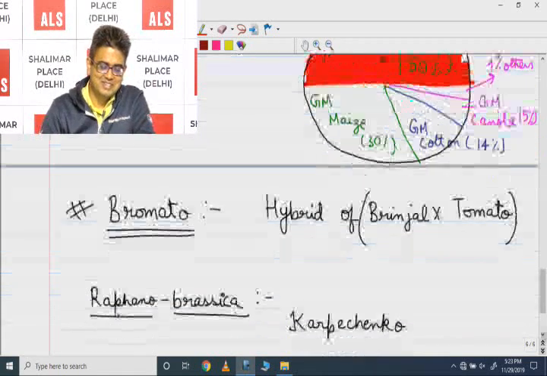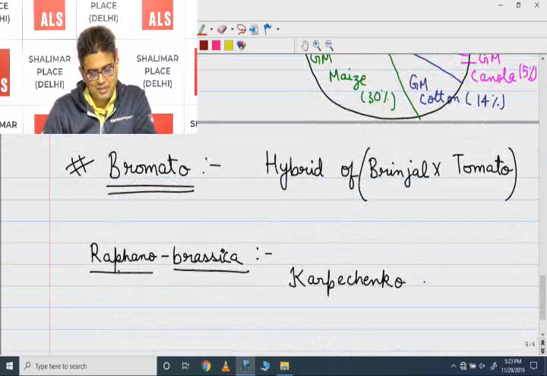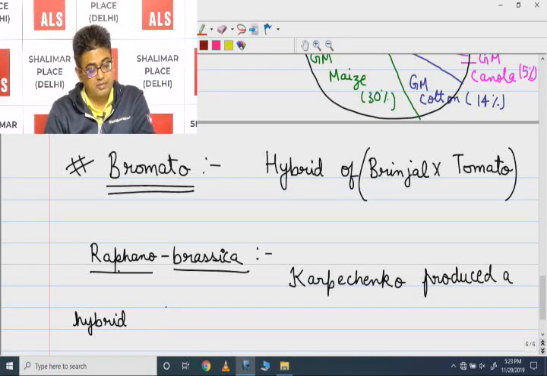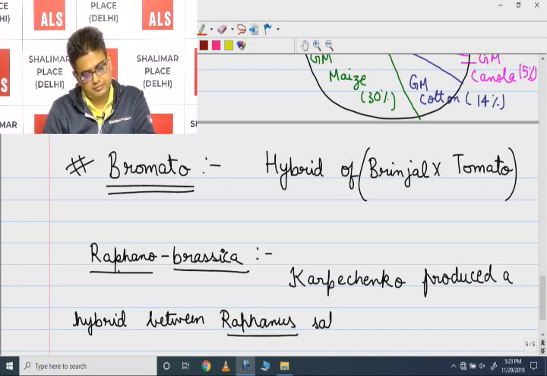So Karpechenko produced a hybrid. This was the first artificial, man-made plant hybrid, between Raphanus sativus and Brassica capitata.